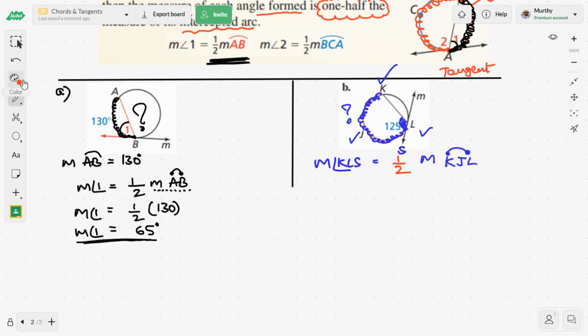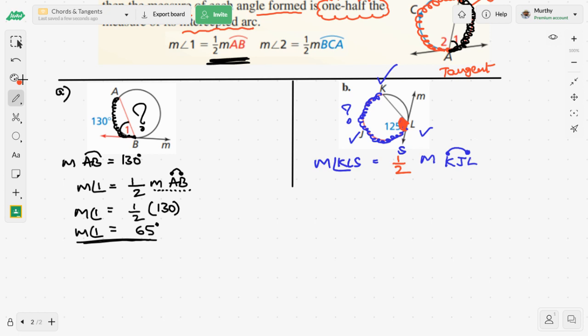Again, don't get confused. First of all, you have to find whether the given value is the angle between the chord and tangent or the arc.